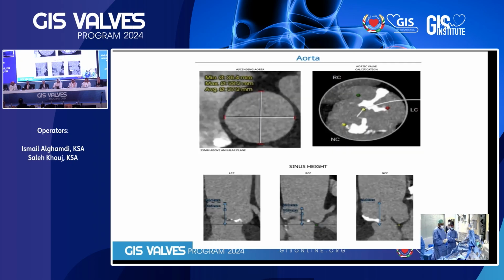This shows the aorta is from 37 to 38 millimeter. We also have adequate coronary heights, right and left, both of them around 14 to 19. Next.